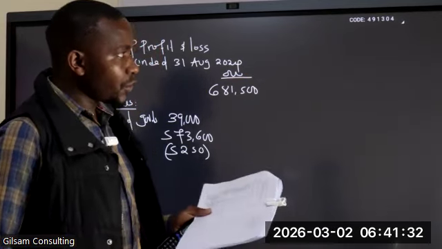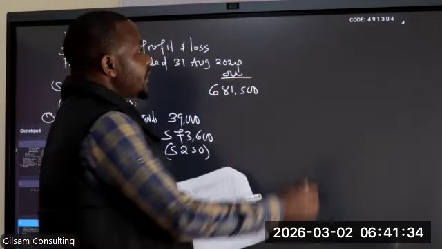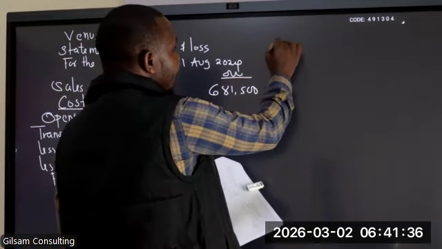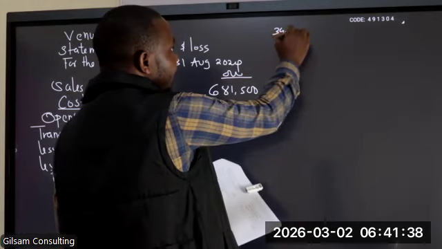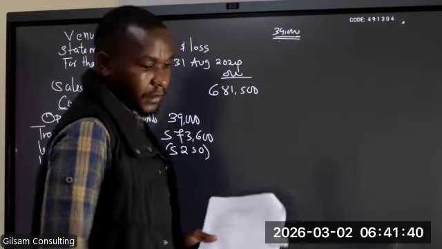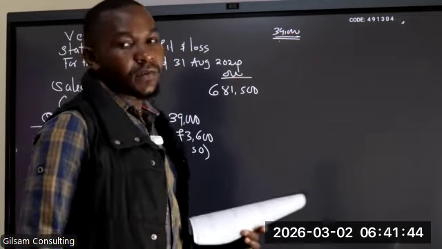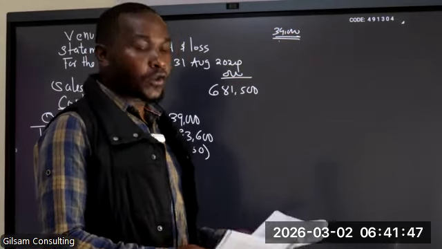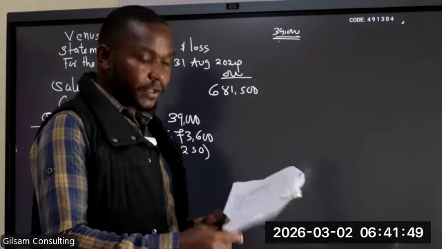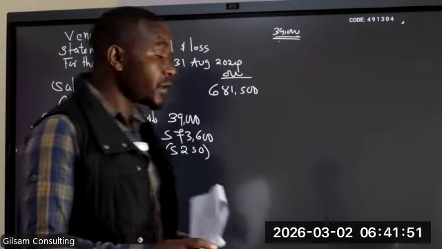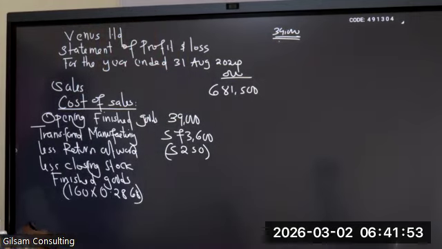No, you cannot do that, because the finished goods of 39,000 is for the previous year. So if you do that, you are using the cost of 2023, not 2024.